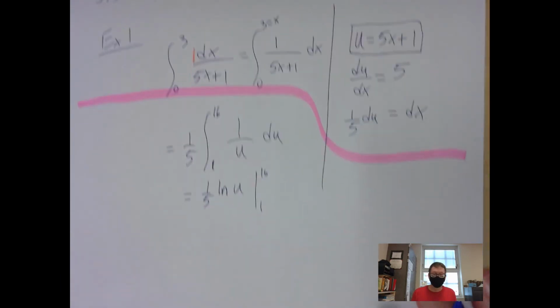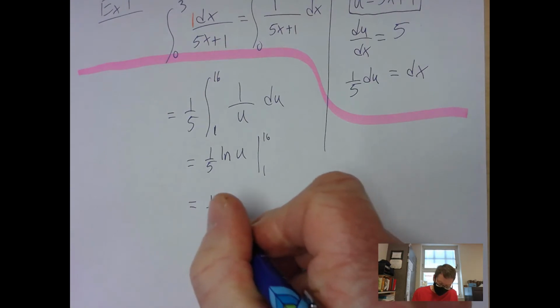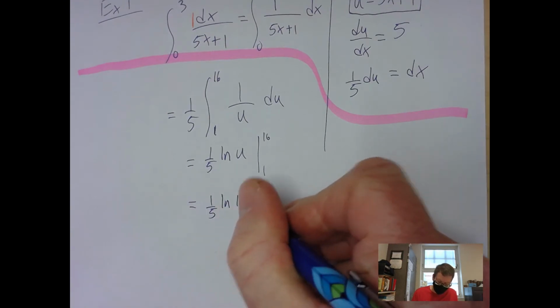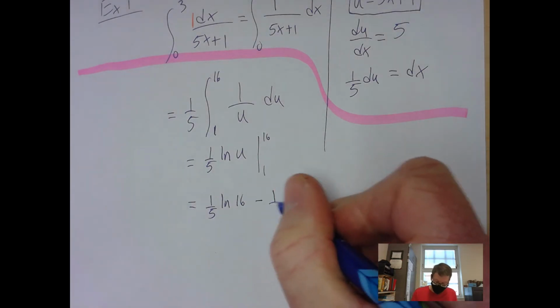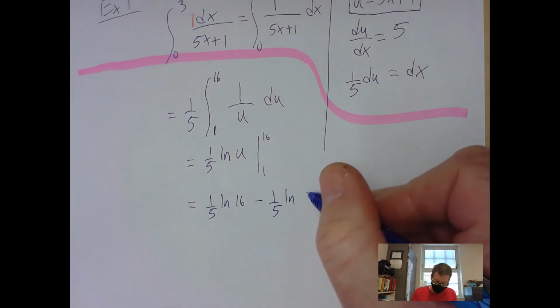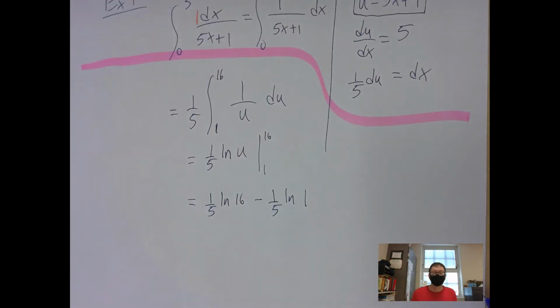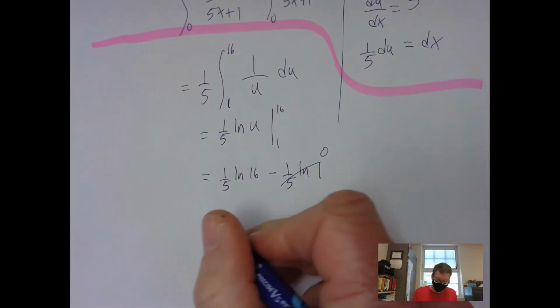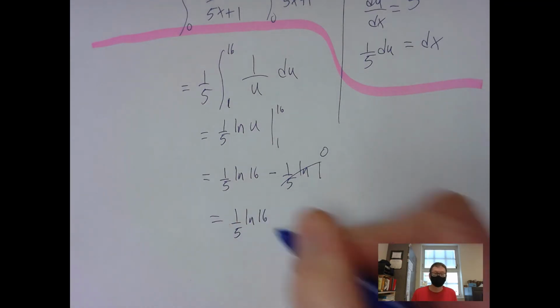Okay, now I just got to plug this stuff in. 16 goes in first, so it's 1/5 natural log of 16 minus 1/5 natural log of 1. Natural log of 1 is 0. So the answer is 1/5 natural log of 16.